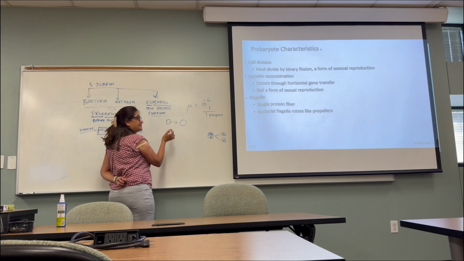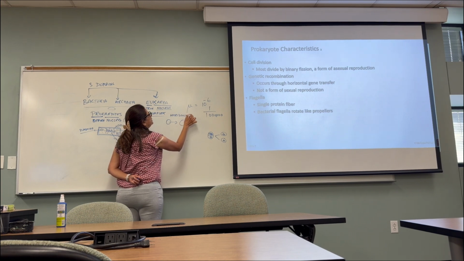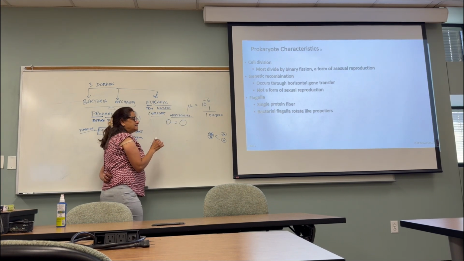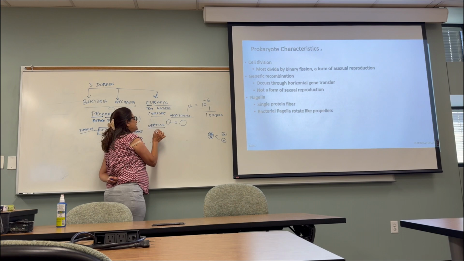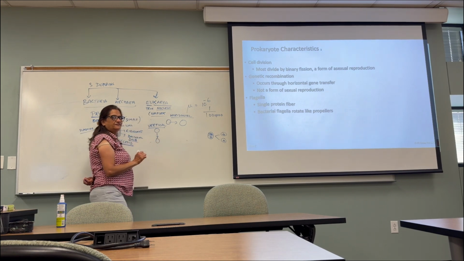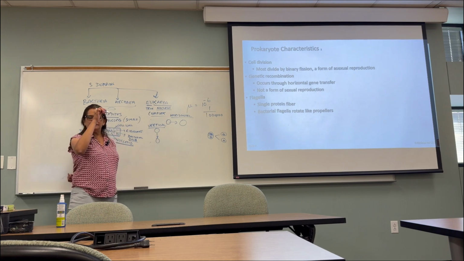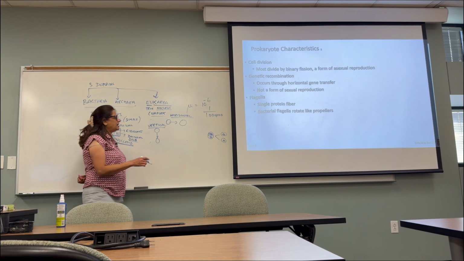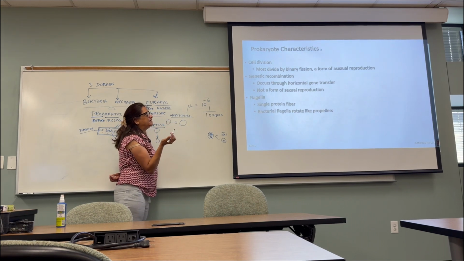So this is called horizontal gene transfer. What is vertical? Let me first tell you about vertical. Vertical gene transfer is when genes pass from a parent to the offspring, from one generation to another. Horizontal is in the same generation, but there is genetic recombination.